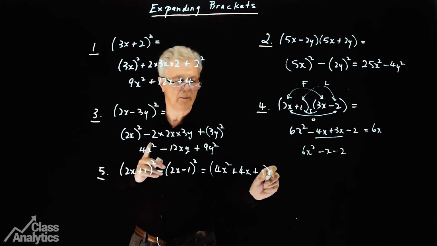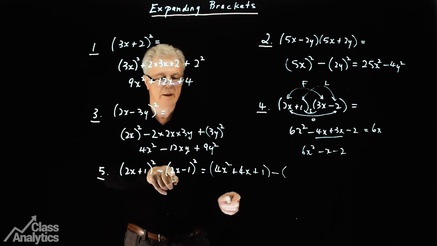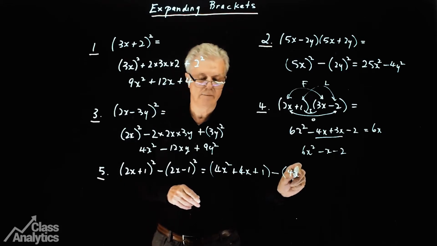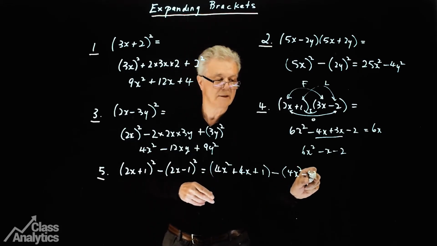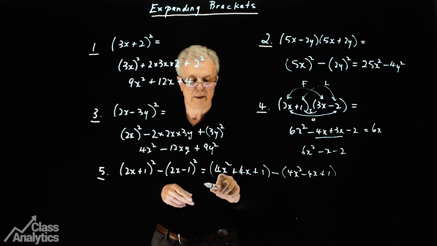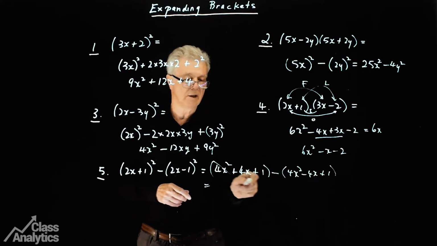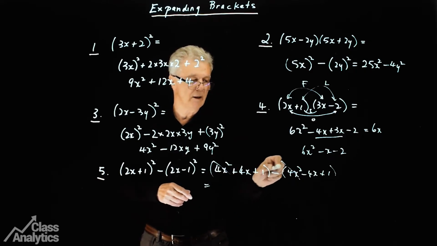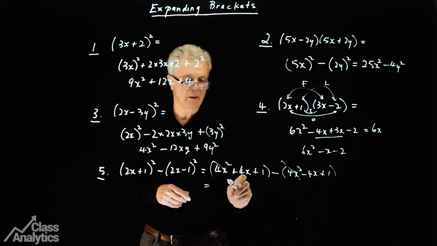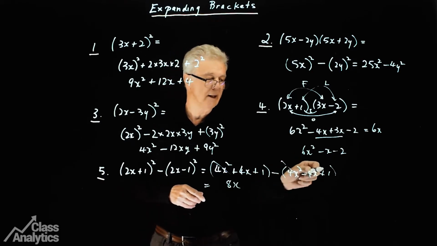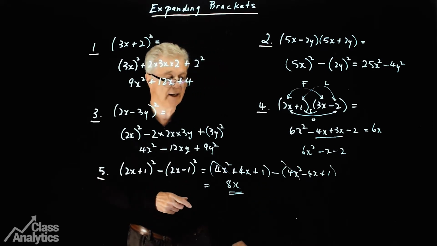Put a bracket around it. Now, put a minus here, and this will be 4x squared minus 4x plus 1. Now, just be careful with the signs. You notice these guys will go out, but this is a minus, the minus gives you a plus, so it'll be 8x, and of course, that'll go out. So there's your answer, just 8x.